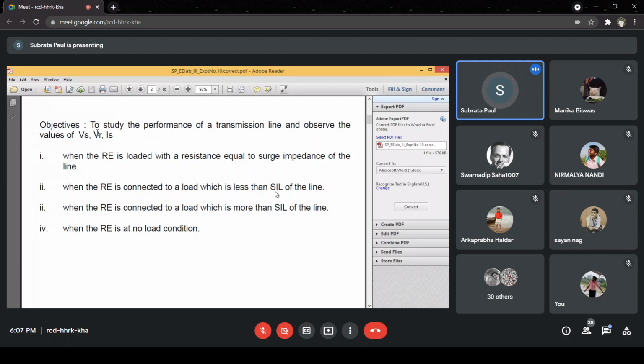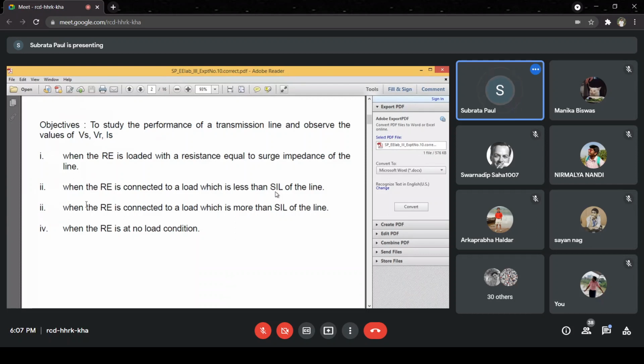When VR is available, we can always have the receiving end current. So these three quantities we are going to find experimentally.